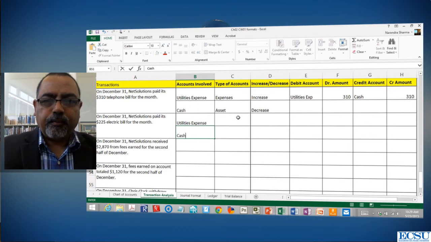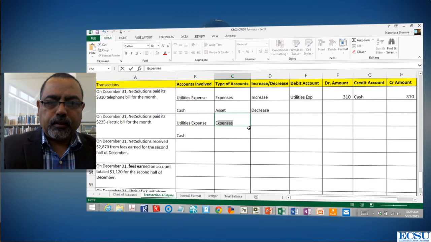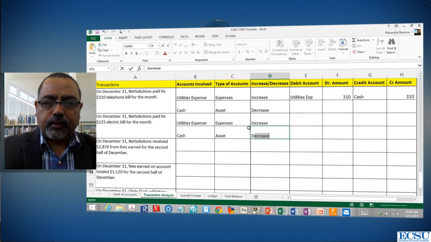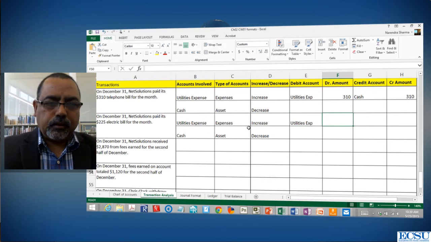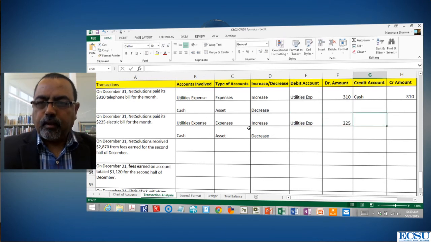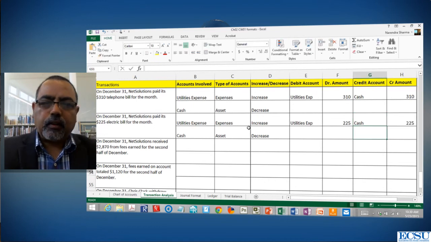So it is the same. This is an expense and this is an asset. Expense is increasing, asset is decreasing. When the expense increases, we debit that, and the amount is 225, and cash is credited with 225 as well.